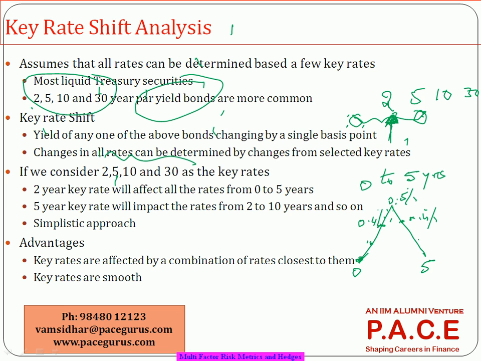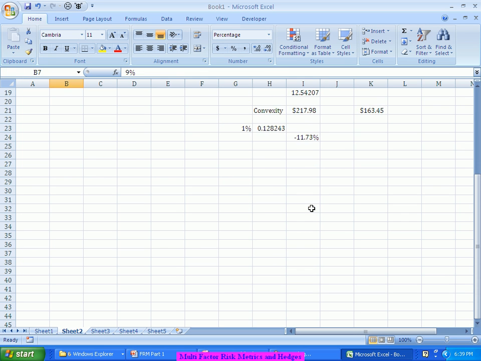You consider a gradual change. Let's say if there are coupons, right? A coupon is paid at 0.5 years, at 1 year, at 1.5 years. Let's look at this kind of a scenario, a better way I'll put it.